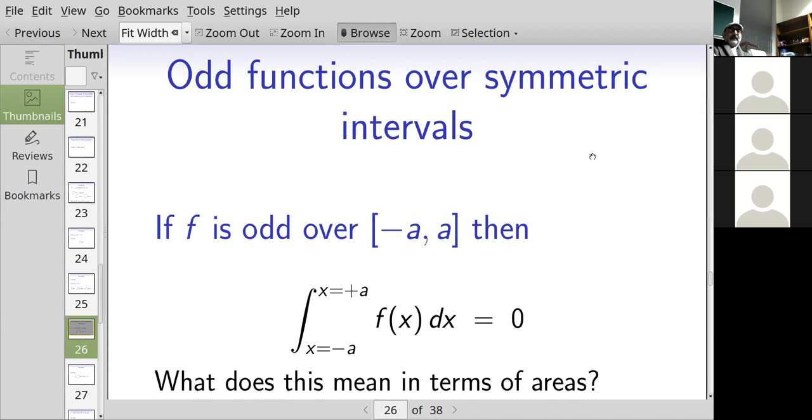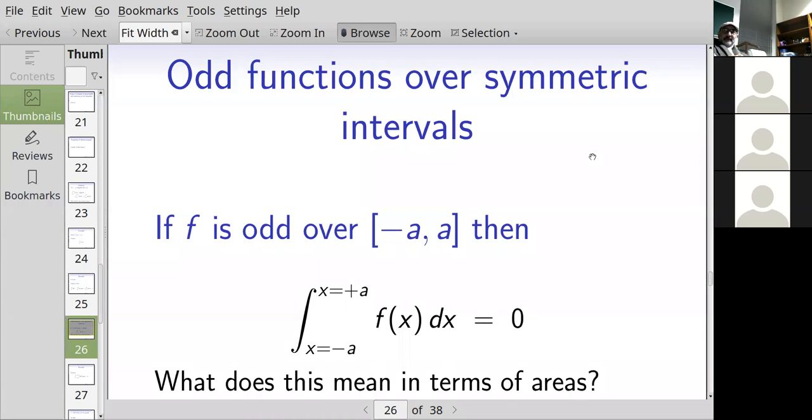Now, if a function is odd over the interval from minus a to plus a, the area under the curve is 0. If you think about the sine function, for example, as you go from minus pi to plus pi, from minus pi to 0 all the area is under the curve, and then you have the exact same area except it's above the x-axis. So the positive and the negatives cancel each other out.